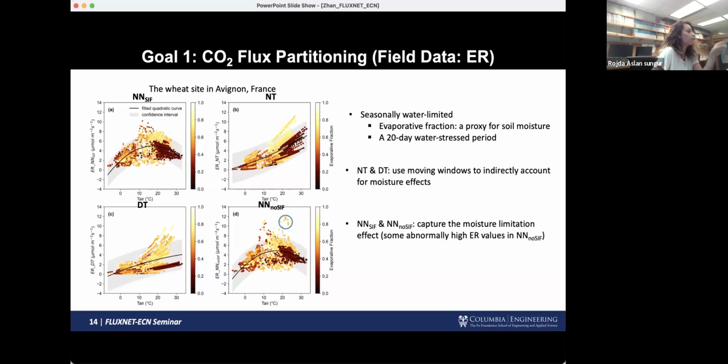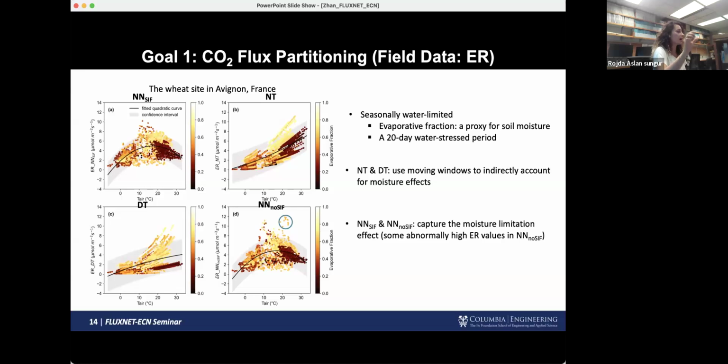But for the ANN model with no SIF, it is supposed to be similar to the nighttime respiration. In the previous figure, when you compare SCOPE with nighttime respiration and SCOPE with this model, they looked similar.